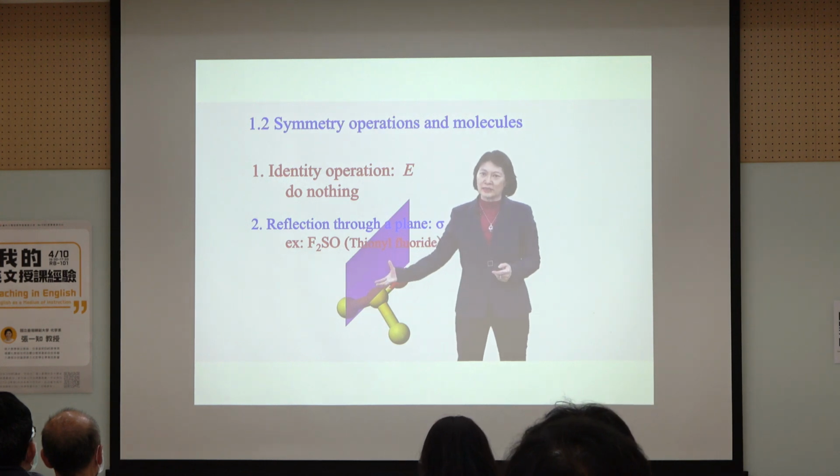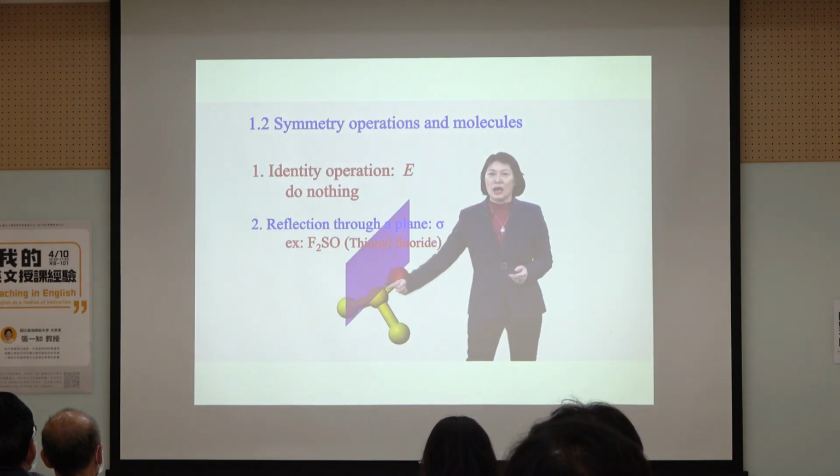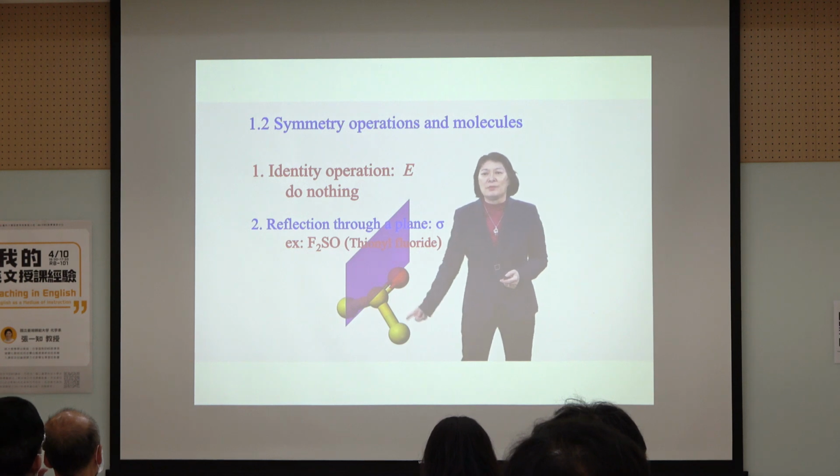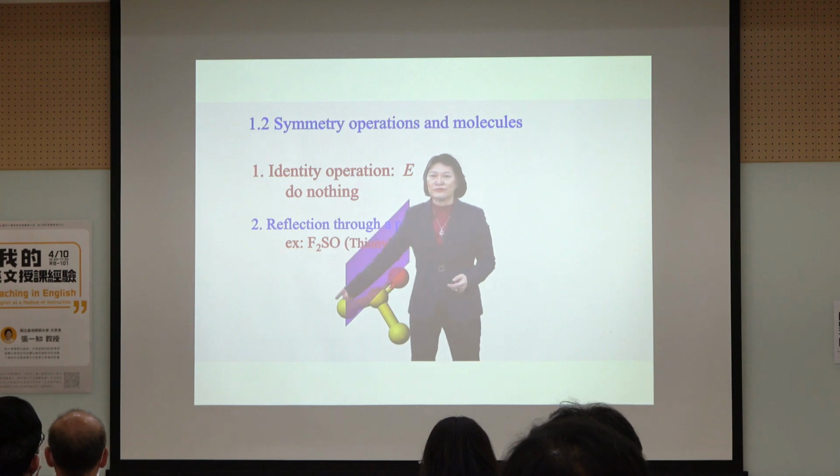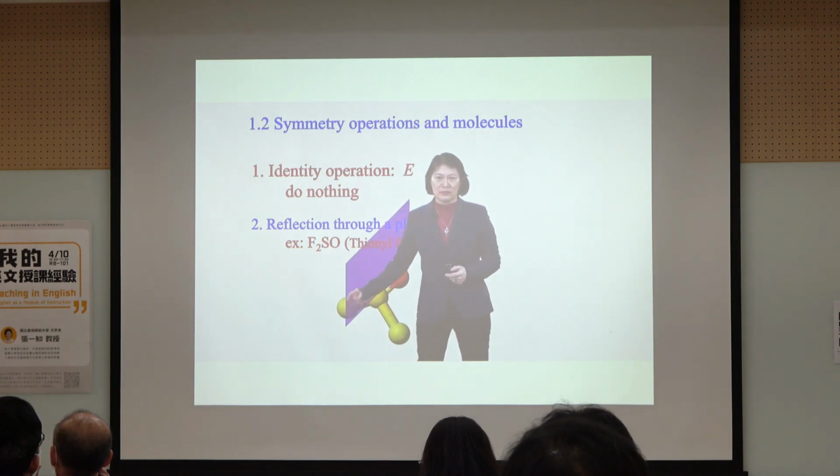It's still the sulfur atom, and the oxygen is the same thing. But the fluorides are slightly different: they are not on the mirror, not cut through by it. The fluoride on the right, if I do reflection, reflects into the left fluoride.